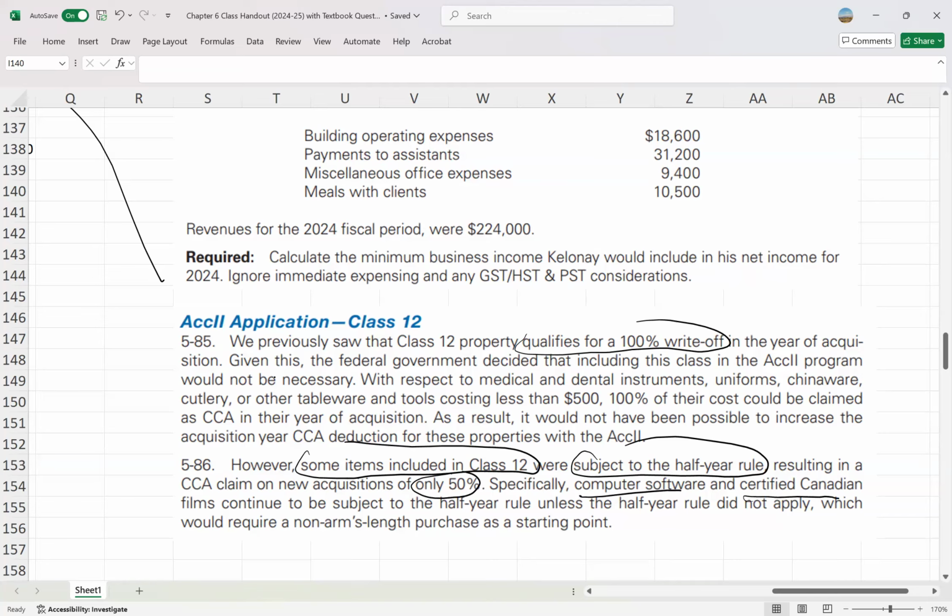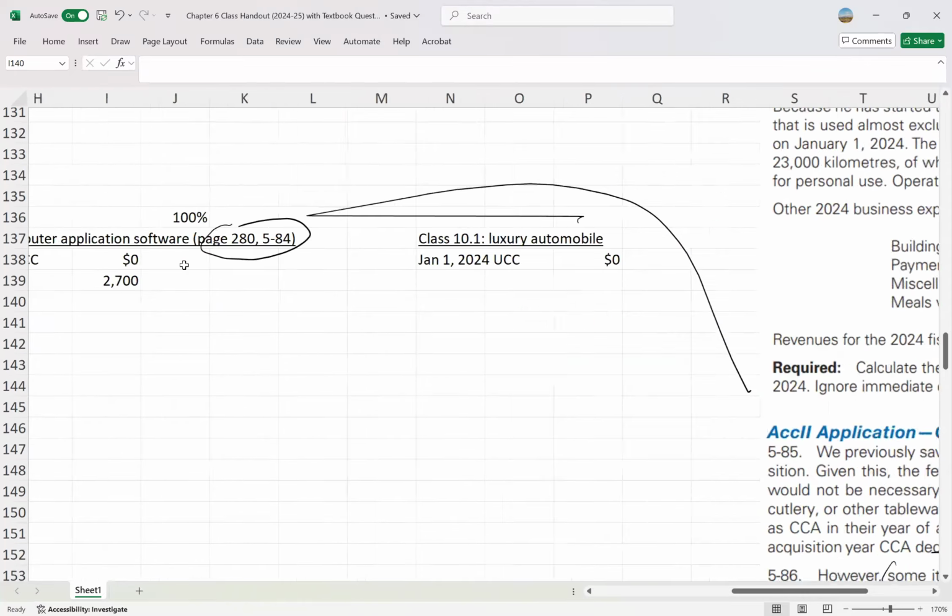So what that means is that this computer application software that goes into class 12, even though class 12 is 100% write-off in the year that you purchase the asset, because of this rule, it's subject to the half-year rule. That means they can only take 50% this year, and then they take 50% next year. So just wanted to show you that.